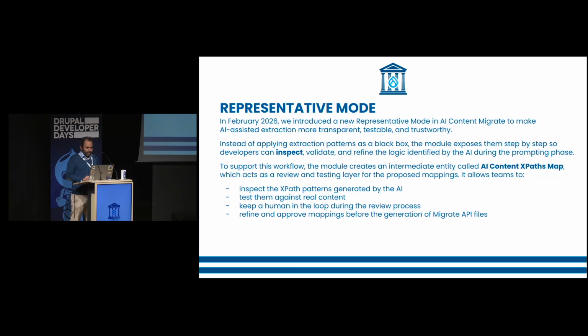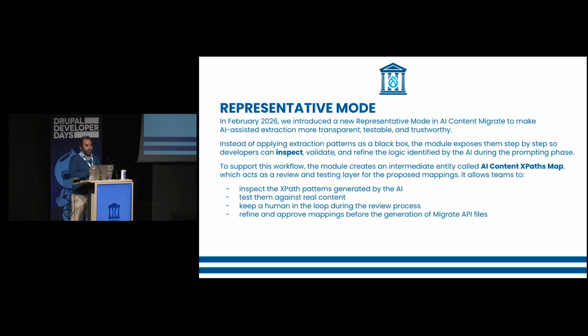And while in sitemap mode, the clusters were automatically identified by the module, the system was the only responsible. In the representative mode, we take a different approach. We have a stronger human in the loop, basically.